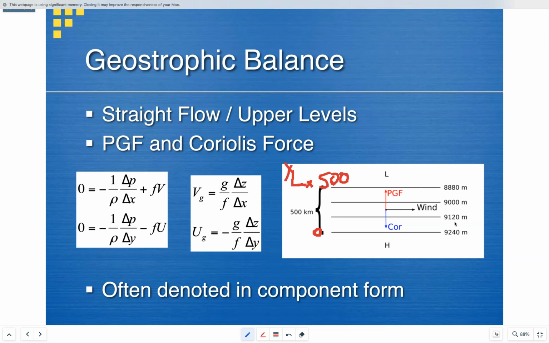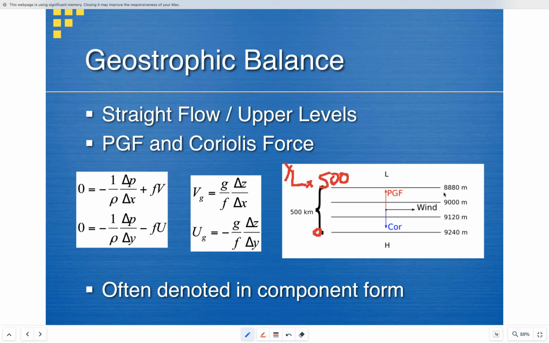If we did 8880 minus 9240, it'd be 500 minus 0. Or if we did 9240 minus 8880, it would be 0 minus 500. Now recall, the units here are in kilometers and these units are in meters, and we would want to make sure that those cancel out appropriately. So don't forget to consider units as we're doing calculations.